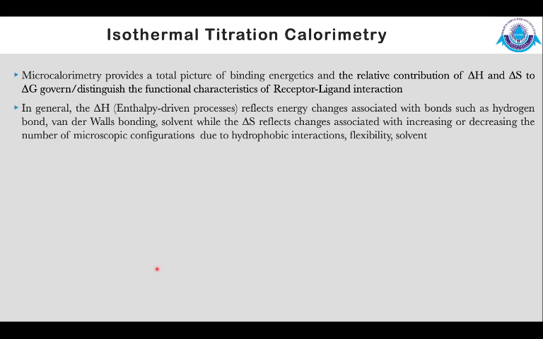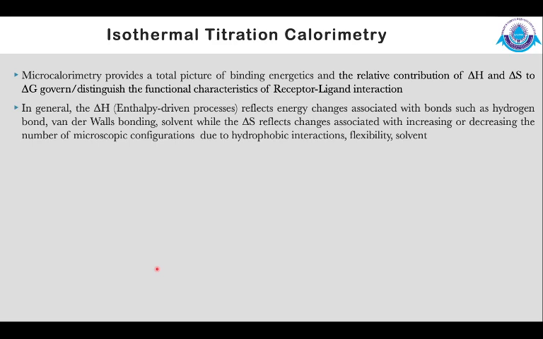However, delta G is given by delta H minus T delta S. So the delta H and delta S can have different values and different signs also. That means that based on the values of delta H and delta S, we may be able to get some insights into the type of interactions that may occur in the protein-ligand complex.